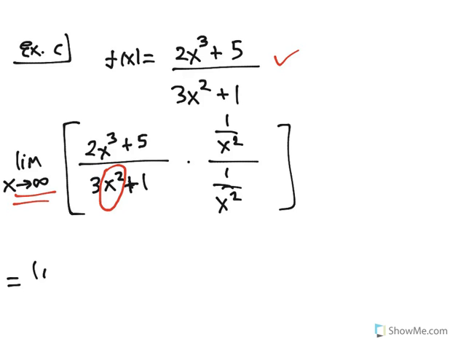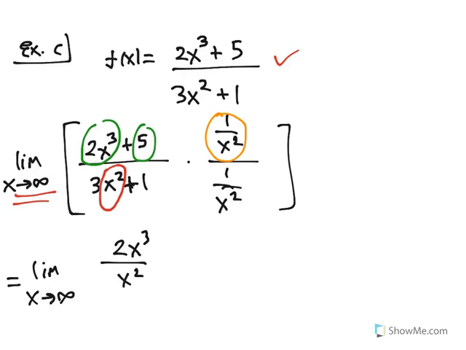And when we do that, this is what we have. We have the limit as x goes to infinity of, so you have 2x cubed plus 5, multiply each term by 1 over x squared, and that will give you 2x cubed over x squared, and then you will have plus 5 over x squared.